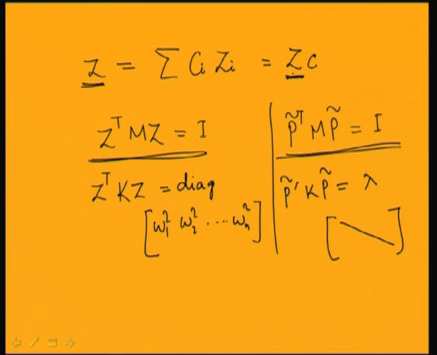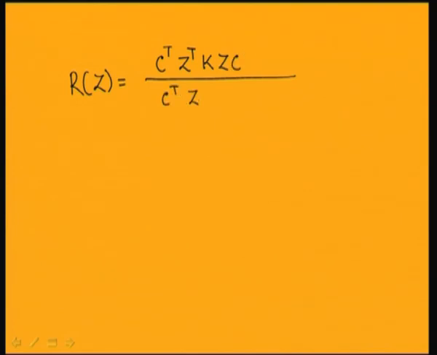If you can find it in this way, the Rayleigh quotient R(Z) can be written as C transpose Z transpose K Z C divided by C transpose Z transpose M Z C.